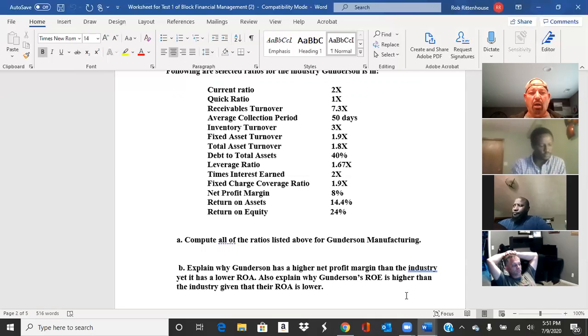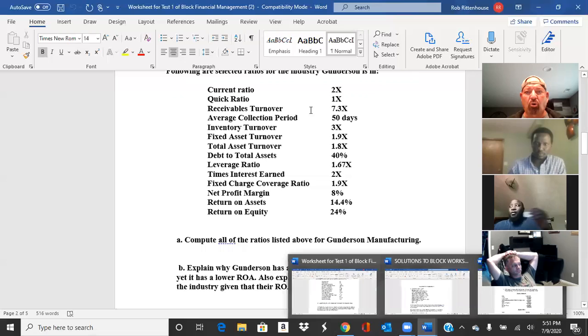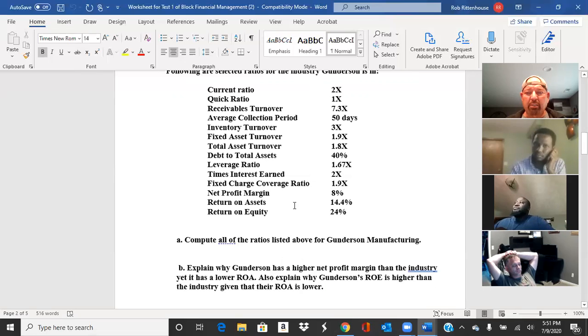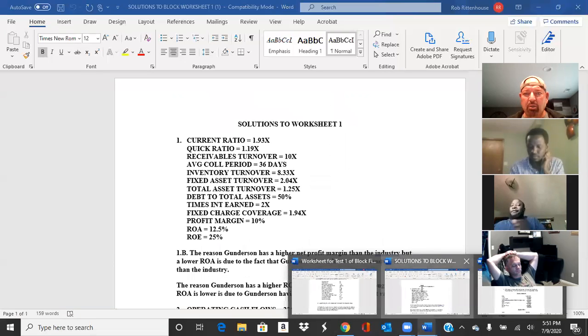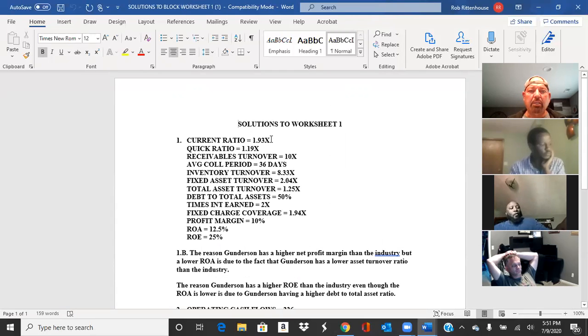All right, let's take a look then. Current ratio, quick ratio, etc. If we look at the solutions here, the current ratio is just current assets divided by current liabilities. All the ratios were fairly easy to calculate; it's just a matter of following the formula.